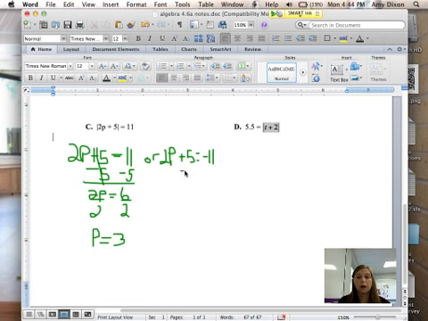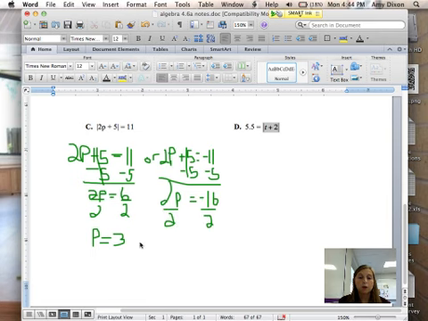Okay, on the other side we're going to again subtract 5 from both sides. We're going to bring down our 2p equals, and then negative 11 minus 5, that's going to give us negative 16. And then to get p by itself, we divide both sides by 2.